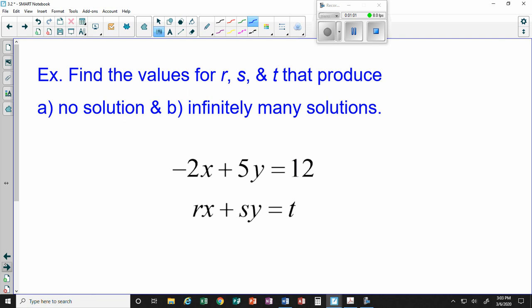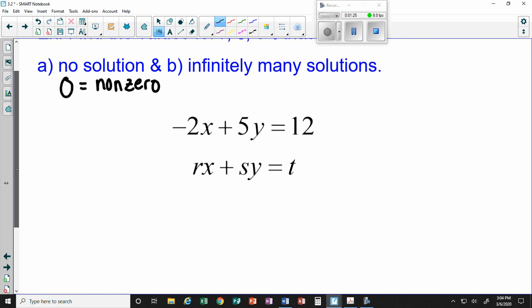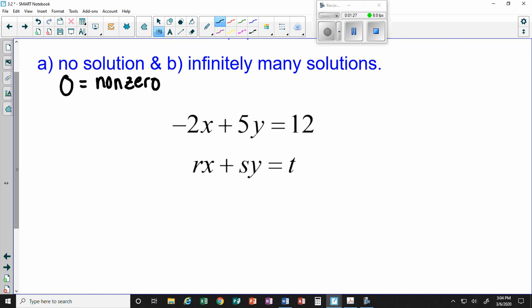So, next example. Find the values for R, S, and T that produce no solution. The no solution case is when we end up with 0 equals something that's not 0. So for that to be the case, when I add those together, R would have to be 2, to get negative 2x plus 2x.